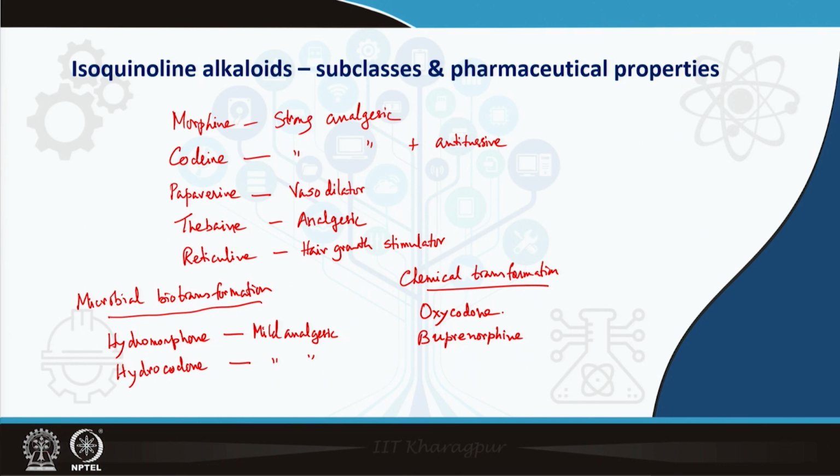And a few more, let me find out. Noscapine, another alkaloid. Noscapine is also antitussive. Papaverine, also vasodilator, also it is a muscle relaxant, and papaverine is also used as antispasmodic.